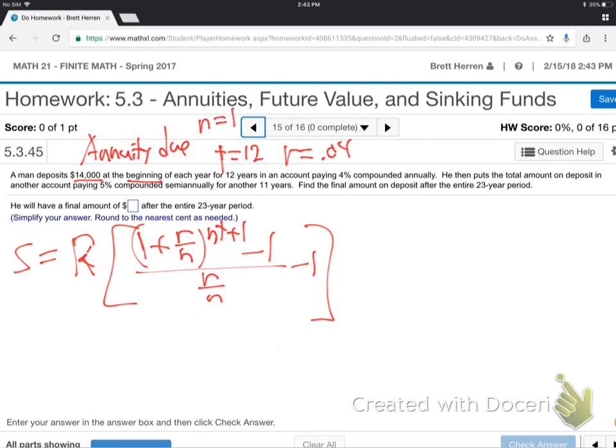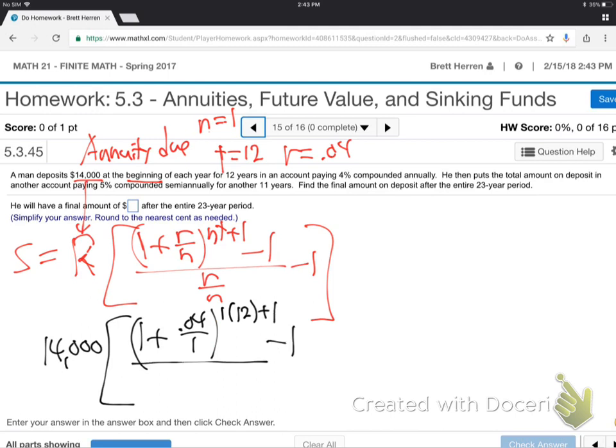So you plug all that in, 14,000 is the R, and then the second part is a compound interest question. Here, let me just whip it out for you real quick. So in other words, the first part of the question, you just put in the 14,000 times 1 plus the interest rate, 0.04 over N, which is 1, to the NT, T is 12 years, plus 1, all that minus 1, over 0.04 over 1, minus 1.